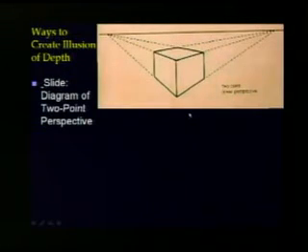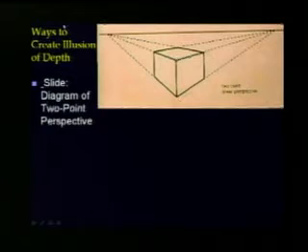What two-point is, instead of going to the one point in the center, they set all the diagonal lines at an angle so that you saw one set going off on one side and another set going off on another side. And so you had 2 points where these diagonals were coming together.